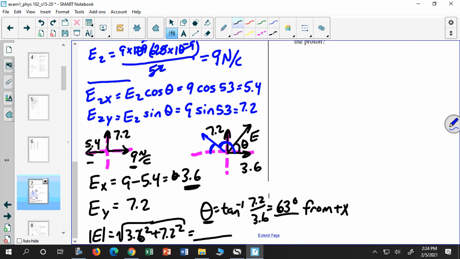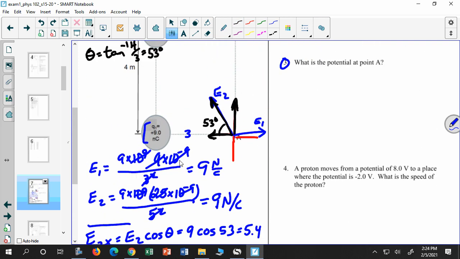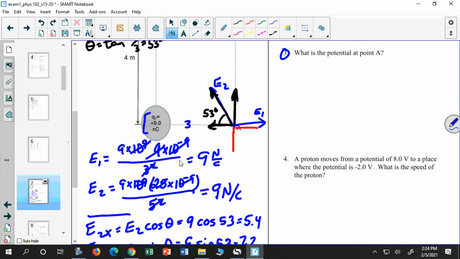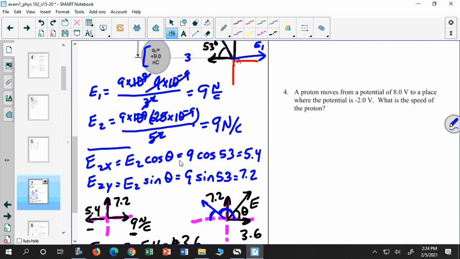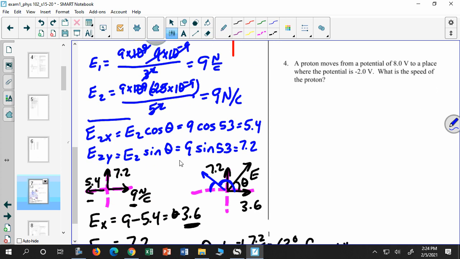Why you put the 9 on the right, and the 5.4 on the left? Yeah. So the 9. Why did I put the 9? Okay, so this 9 right here is E1. That's what you're asking, right?